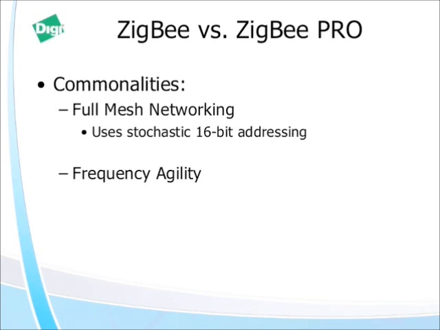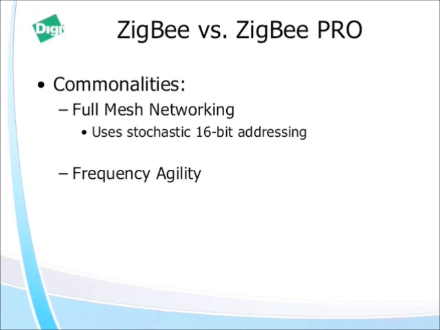There are two types of mesh networks out there: cluster tree networks and full mesh networks. A cluster tree network actually uses that 16-bit address to participate in the routing activity. We have a white paper up on our website, and I can look up the full title of that, but it's from our CTO, Joel Young, and it describes the difference between those two types of networking technologies.